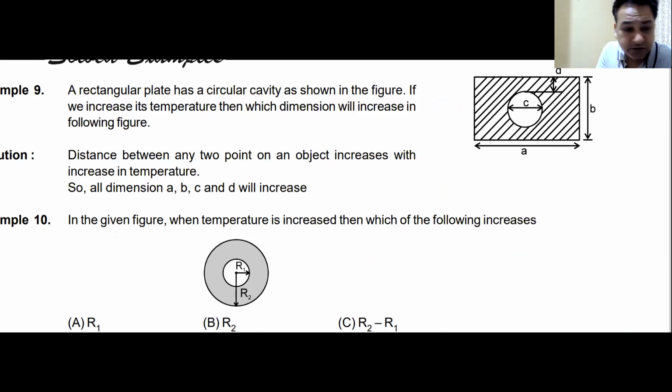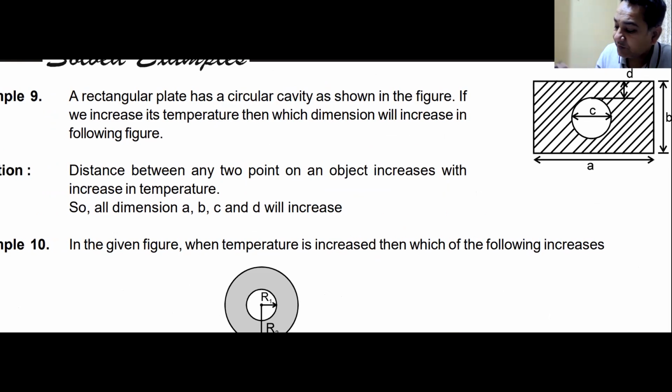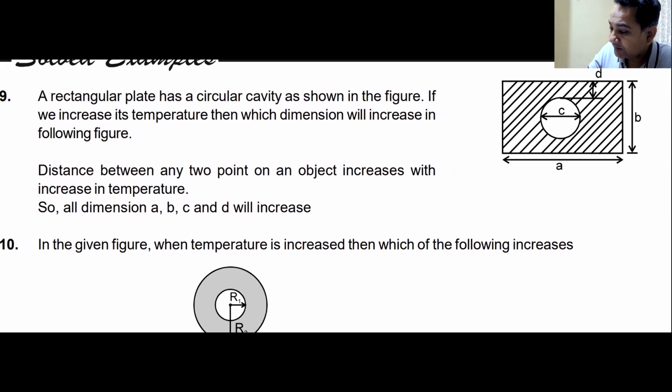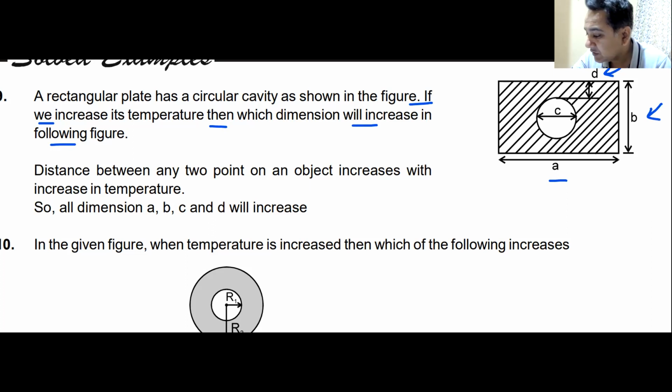You have a rectangular plate which has a circular cavity as shown in the figure. I hope you can see that in the figure. If we increase the temperature, then which dimension will increase? We are given dimension A, dimension B, dimension C, and dimension D. Which all dimensions will increase?